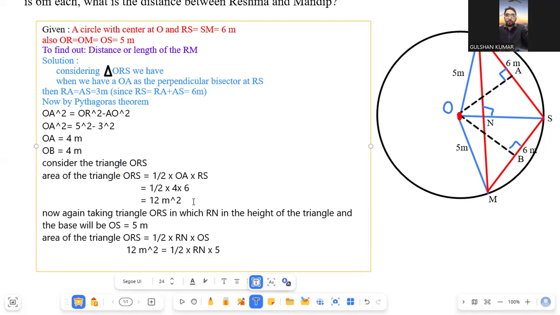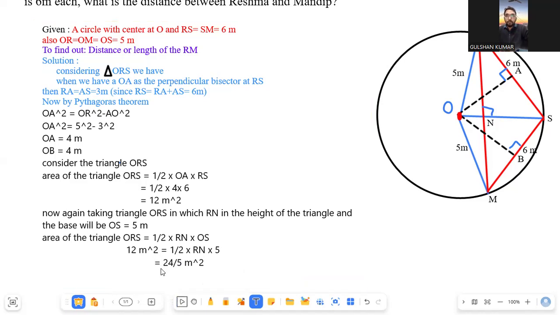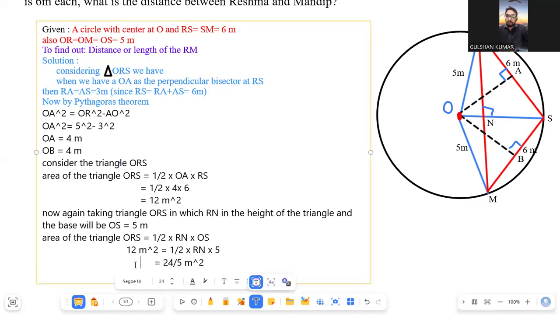So here we have half multiplied by, sorry, it will be 24 by 5. So RN equals 24 by 5 meters.